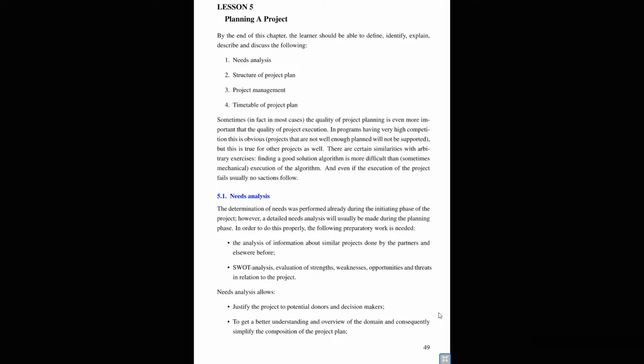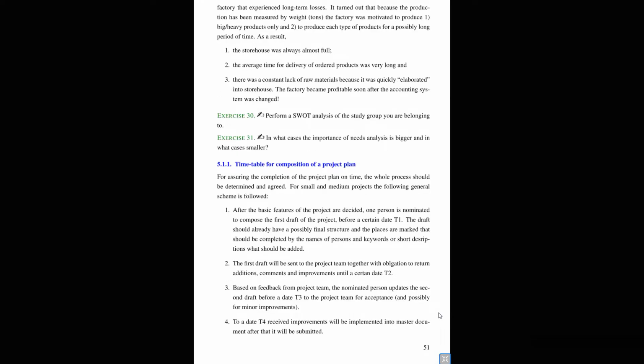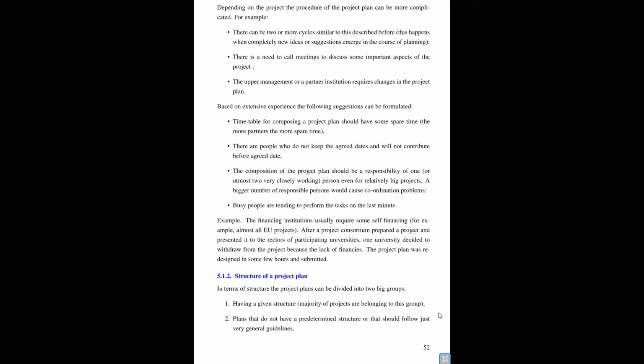Anybody with a query? We have seen what needs analysis is.